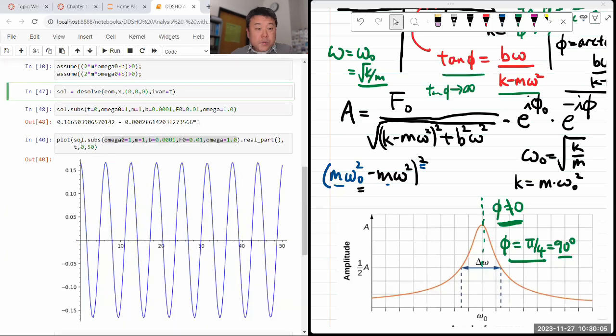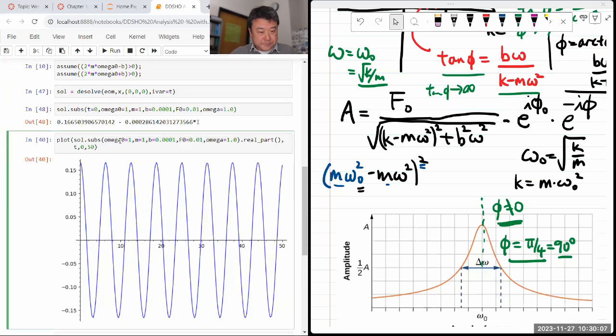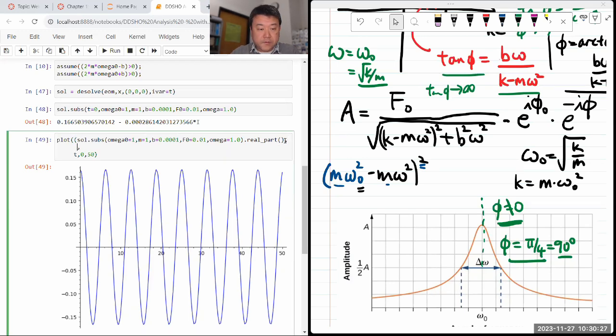So we have the solution that we can plot, and what I want you to overlay on top of this plot is our driving force. The way to do this is as a list, and my driving force will be F naught times exponential of i omega t, and we'll use the same substitution function here.